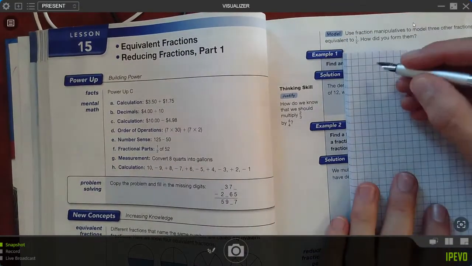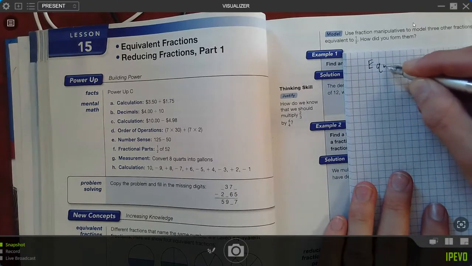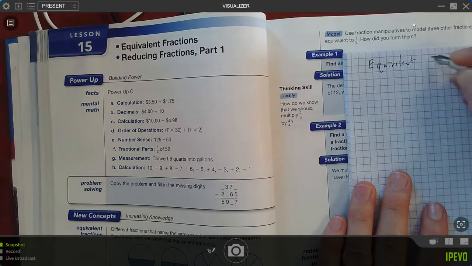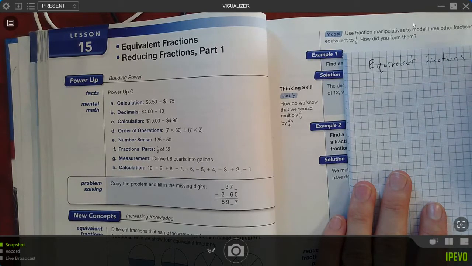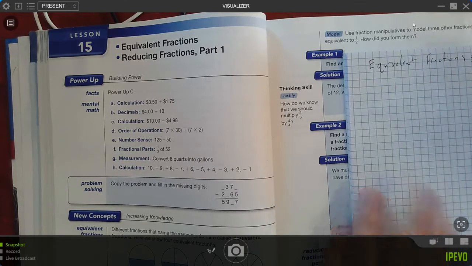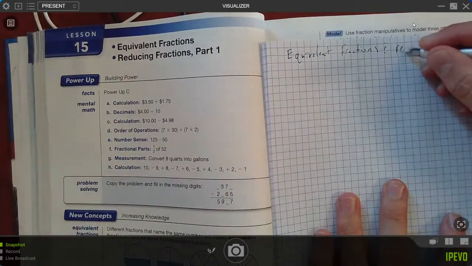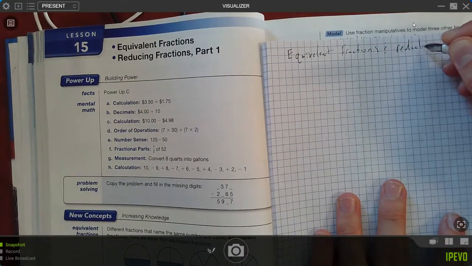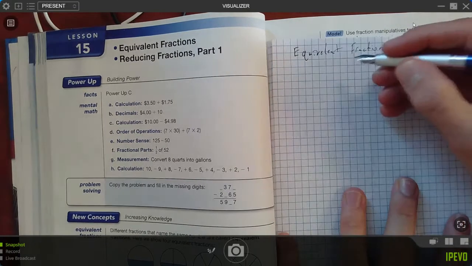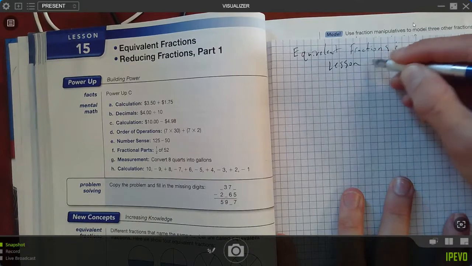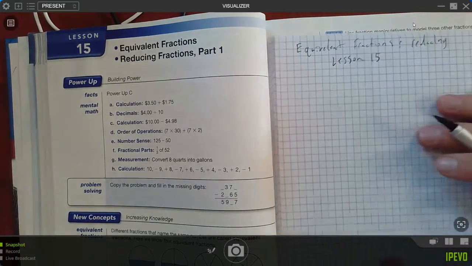Okay, now equivalent fractions are very important because equivalent fractions and reducing, from Lesson 12. Okay.